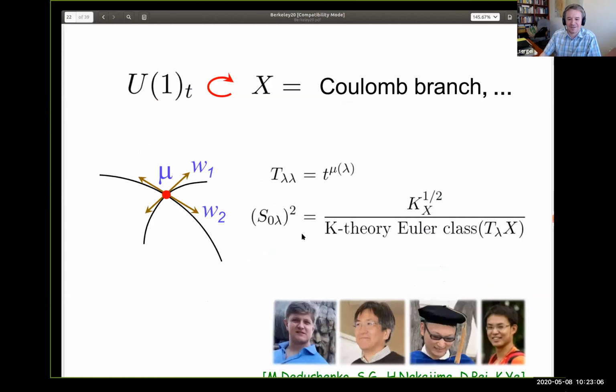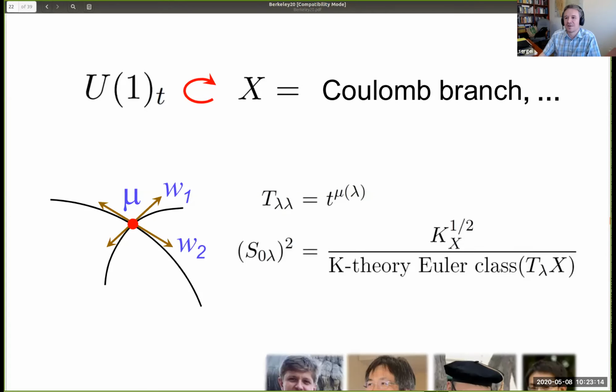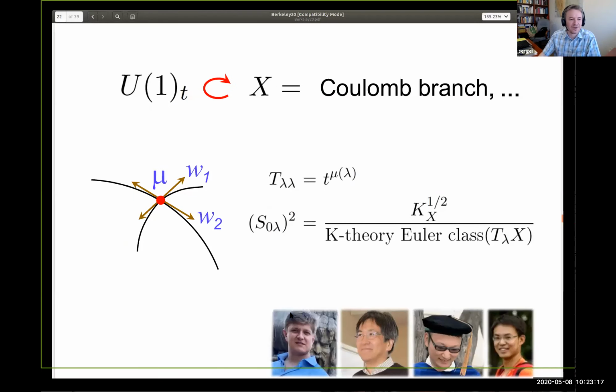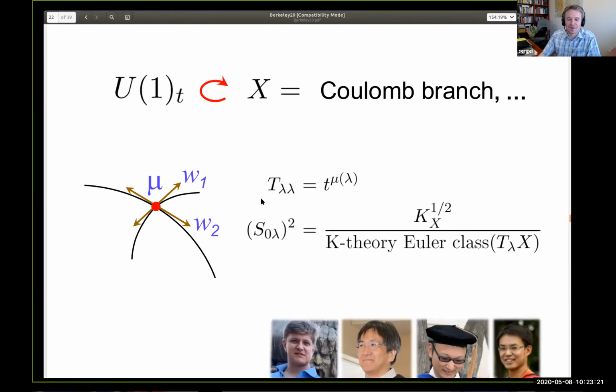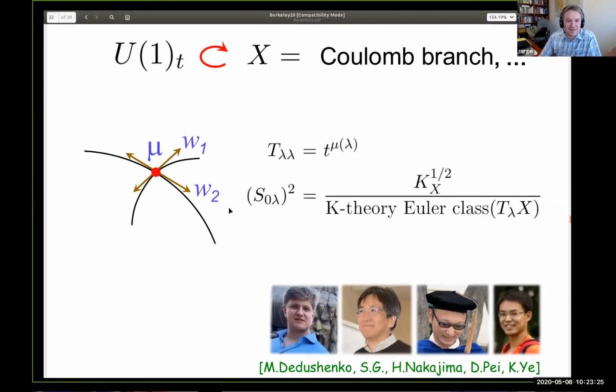So to implement it, again, you just have to apply this equivariant perspective to non-compact spaces X. And in recent work with this gentleman, we basically give a very concrete formula.